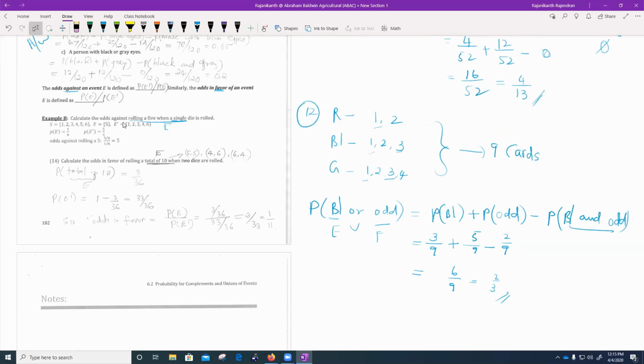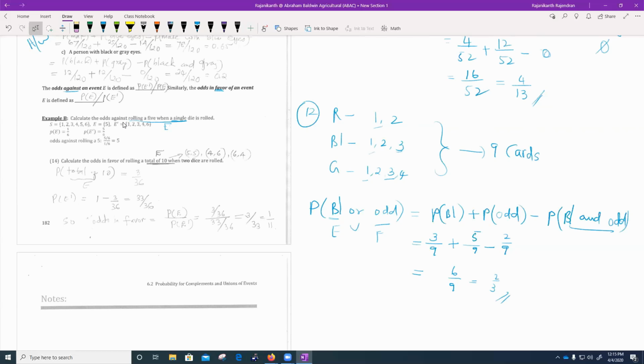Your event E is rolling a number 5. Remember, this is my sample space, there are 6 of them. But getting number 5 is, of course, only one event. Therefore, my event E is just one outcome. If my event E is one outcome, then E prime is going to be the remaining 5 outcomes.